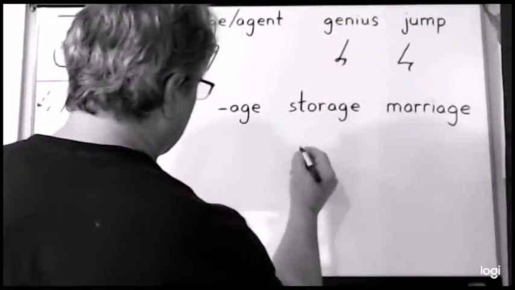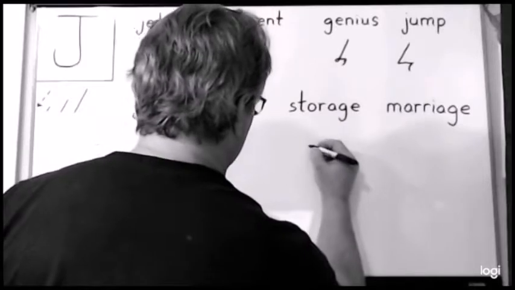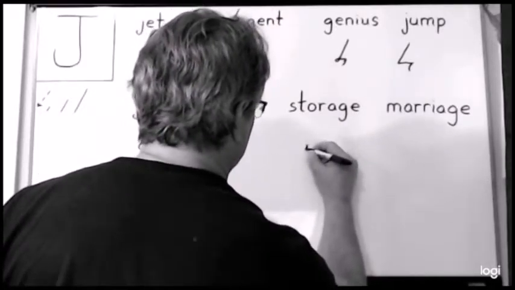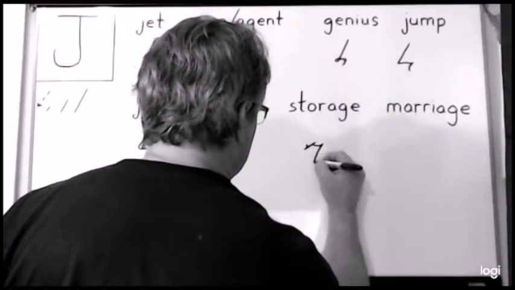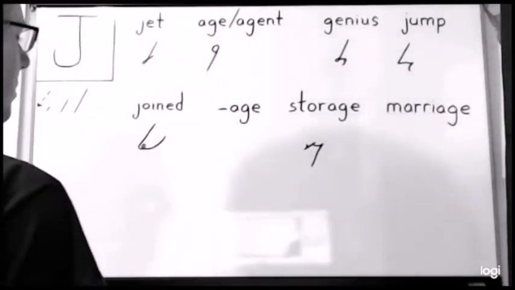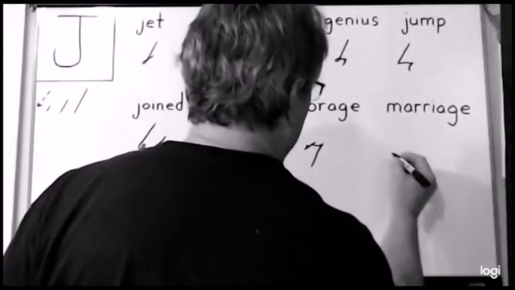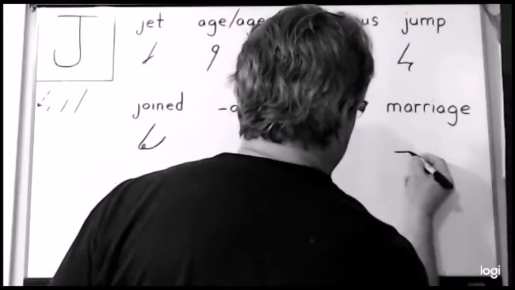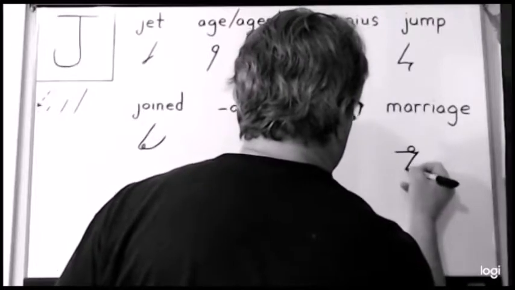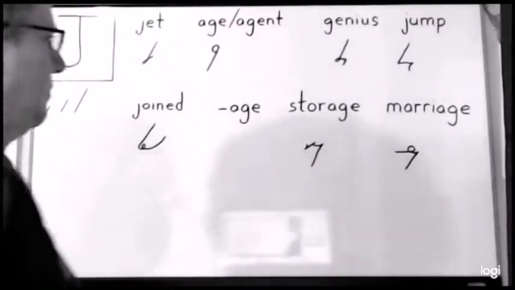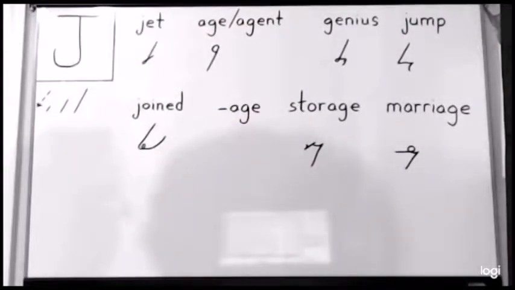So for storage, first write the word store, which is S-T-O-R, and then the J, meaning storage. For marriage, we'll write M-A-R-J for the A-G-E at the end.